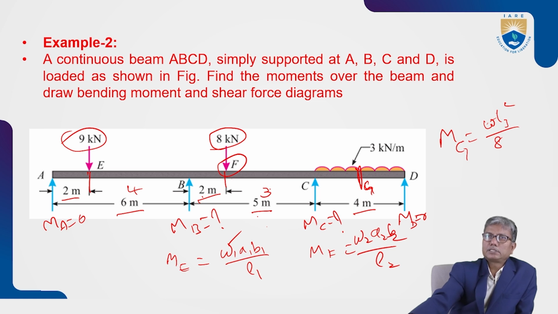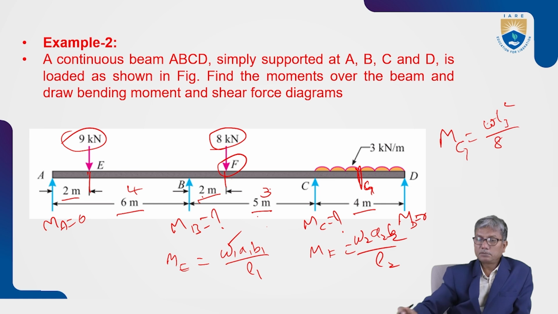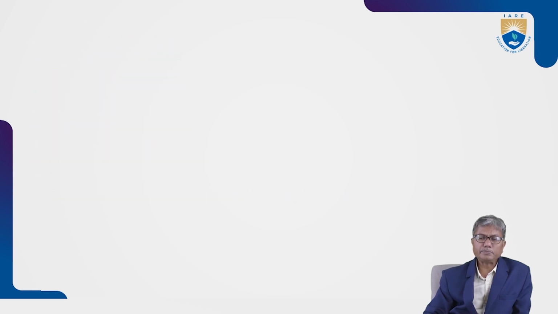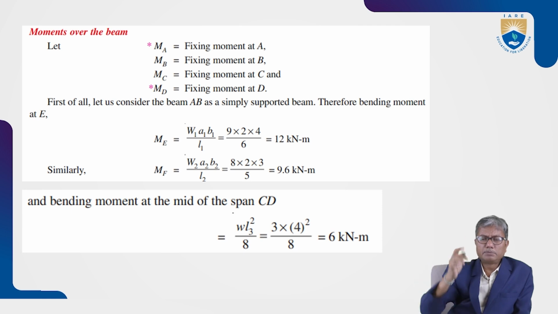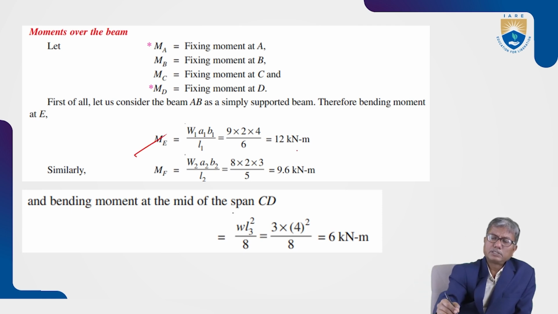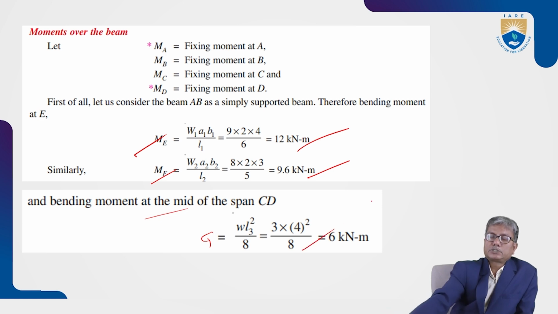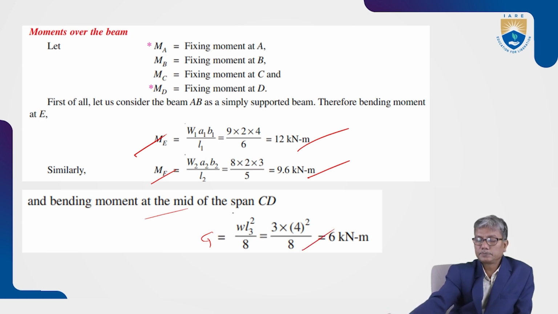So first we will calculate these to draw the simply supported bending moment diagram for spans AB, BC and CD. This is the data given. Now ME is W1 A1 B1 by L1, that is 12, MF is W2 A2 B2 by L2, and bending moment at midspan of CD, that is at point G, wL3 square by 8, is 6.